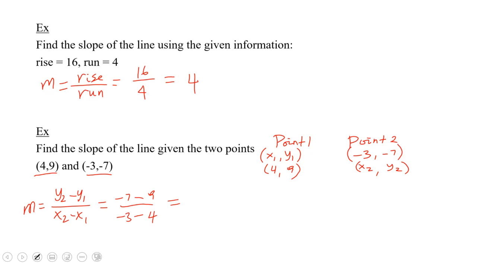Negative 7 minus 9 is negative 16. Negative 3 minus 4 is negative 7. Negative divided by negative is positive. So I have 16 over 7. The slope is 16 over 7.